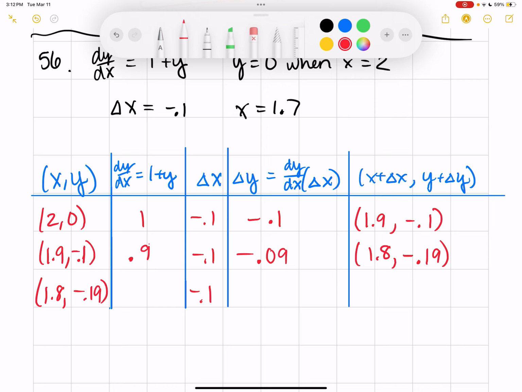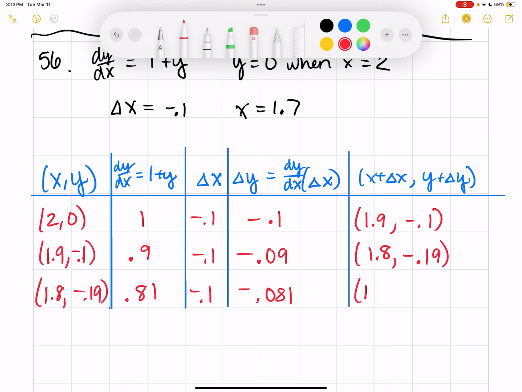Okay. I get it. So then 1 minus that is 0.81. So then this is negative 0.081.